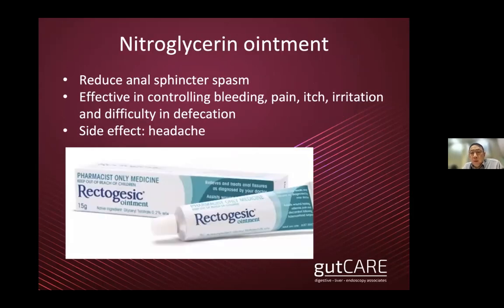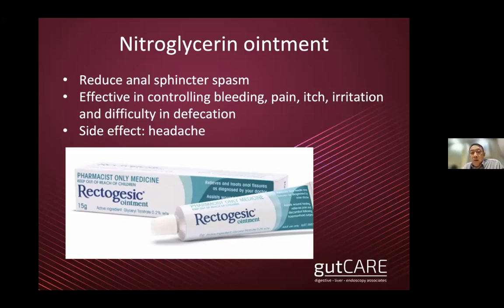In some patients, when you do a physical examination, or we do the per rectal examination, you find that the inner tone is very tight. And when you do the proctoscopy, your proctoscope is almost expelled by the tone of the sphincter. Giving them a bit of nitroglycerin ointment may reduce the anal sphincter spasm. It may help to control some pain and itch and even bleeding.